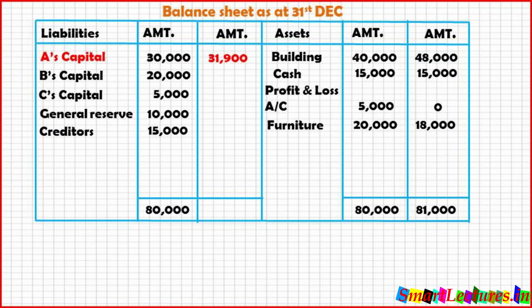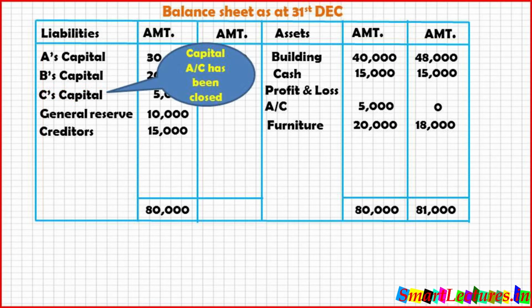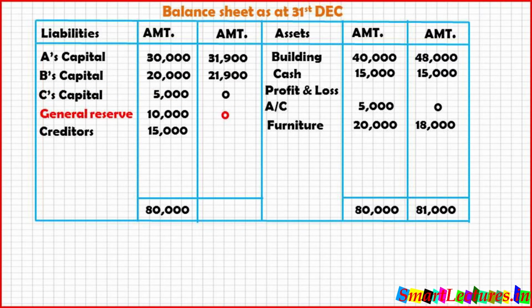Now A's capital 31,900, this is the balance CD from the ledgers. B's capital 21,900 and C's capital is no more because C's capital account has been closed. And general reserve, previously it was 10,000, it is no more now, and creditors are 15,000 as it is, and there is a new item on the liability side, that is C's loan, and C's loan will be 12,200 and the total 81,000.